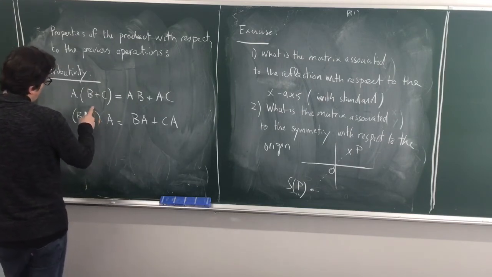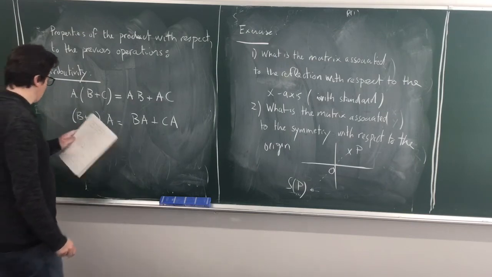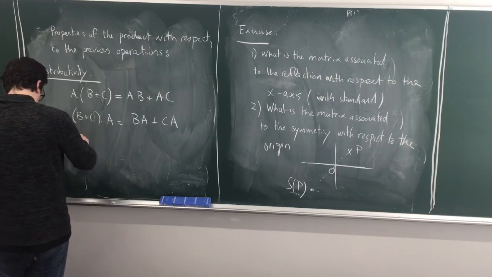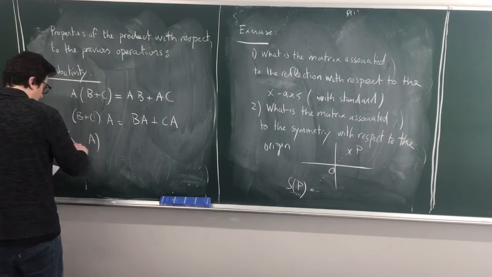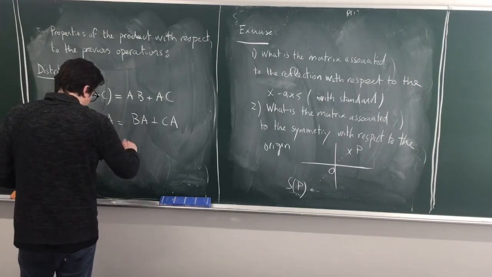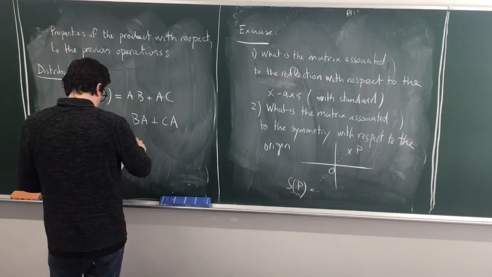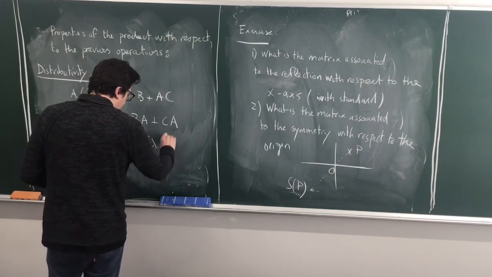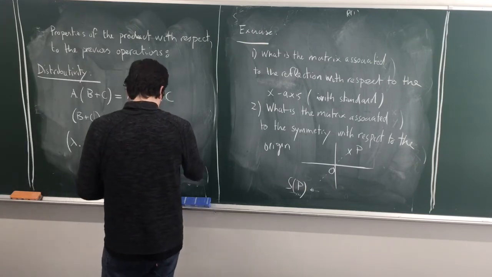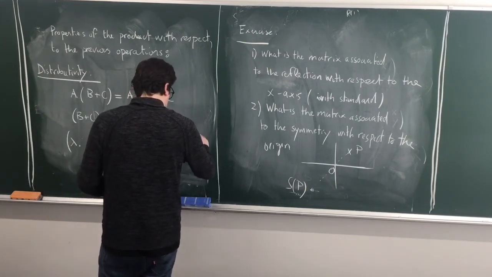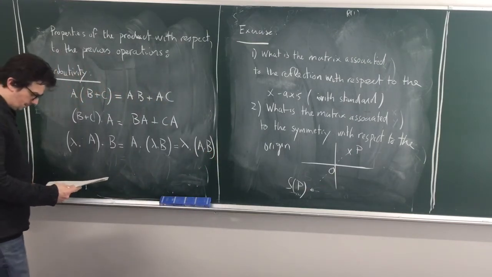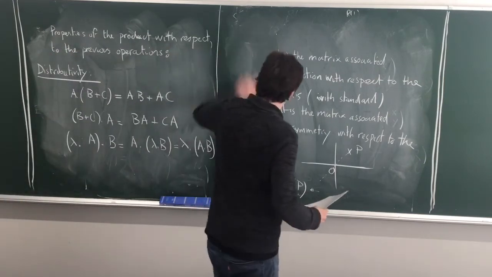This is distributivity of the product with respect to addition. I have also distributivity with respect to the scalar multiplication. So lambda A times B will be equal to A times lambda B, and this also will be equal to lambda times AB. Okay, so I have these properties.